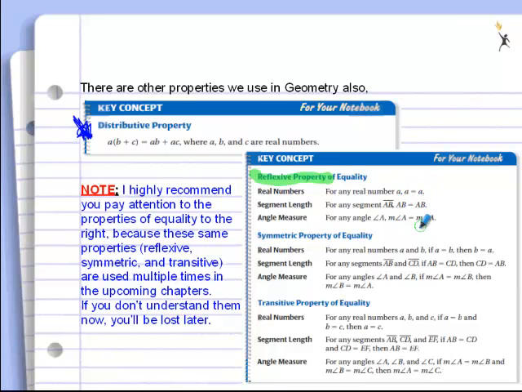Angle A equals angle A. We have the symmetric property, where we're told that if A equals B, then we could also flip that around and say, then B equals A. We can make a symmetric statement. We also have the transitive property. The transitive property allows me to say that if A equals B and B equals C, then A equals C.